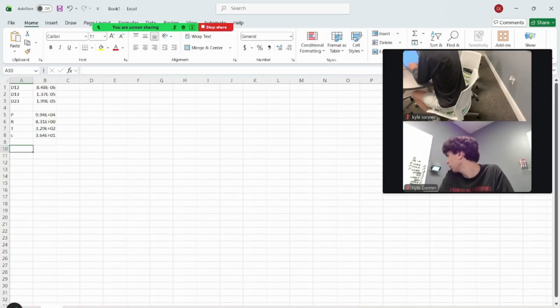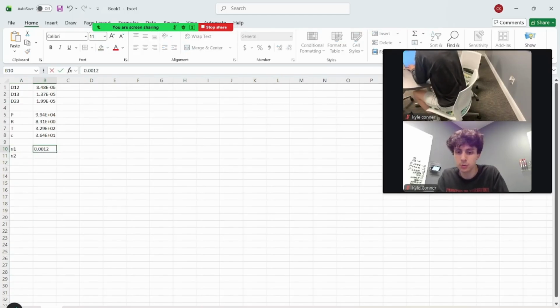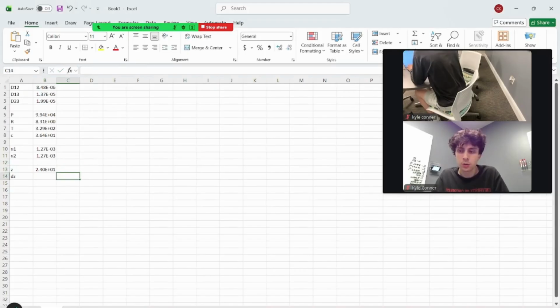And then our N1 and N2 is 0.001268, 0.001268. And then for our Z and DZ values, we have 2.4 e to the 1 and 2.4 e to the 4th. That's going to multiply by 1,000.